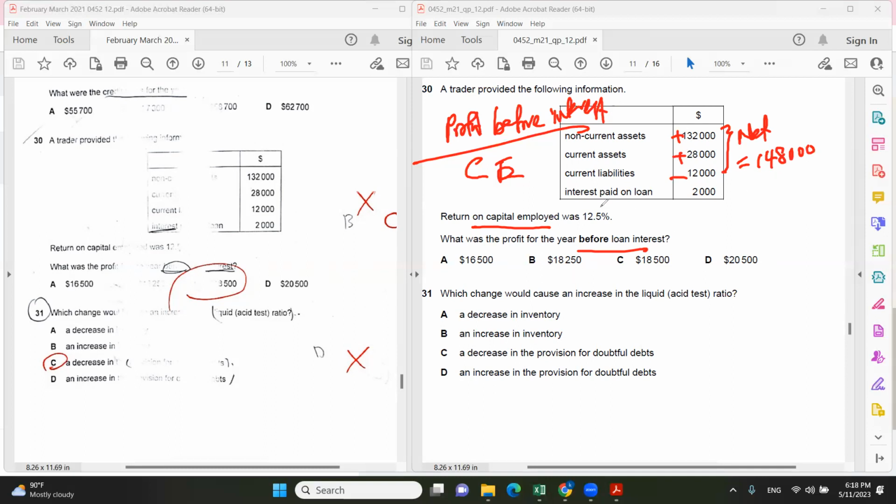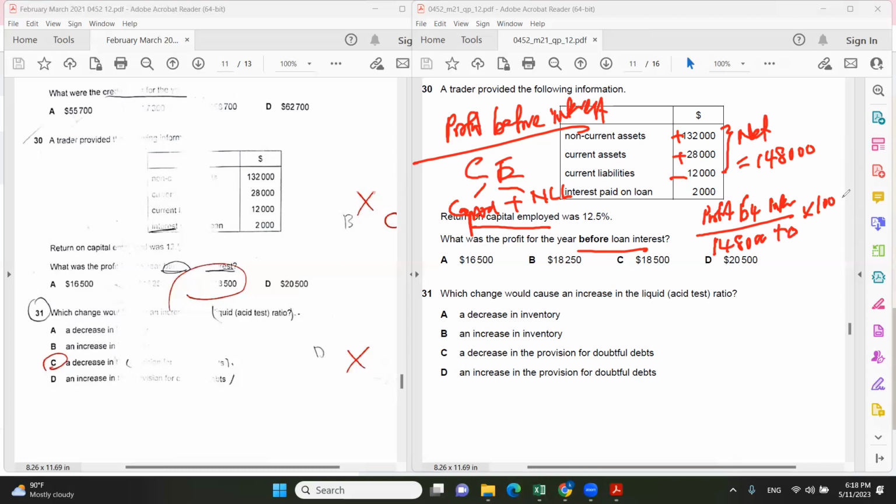And then they just mentioned interest paid on the loan, but we do not know how much the loan is. In this component, we have capital plus the non-current liability. So we need to take profit before interest divided by capital. Capital is 148,000. We do not know the non-current liability, which should be the loan, but we don't have the loan information, so we're assuming this is 0.